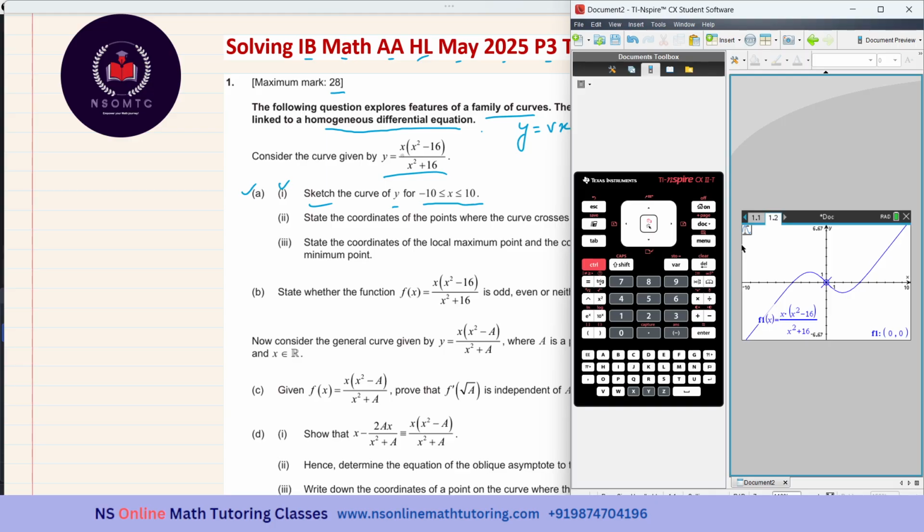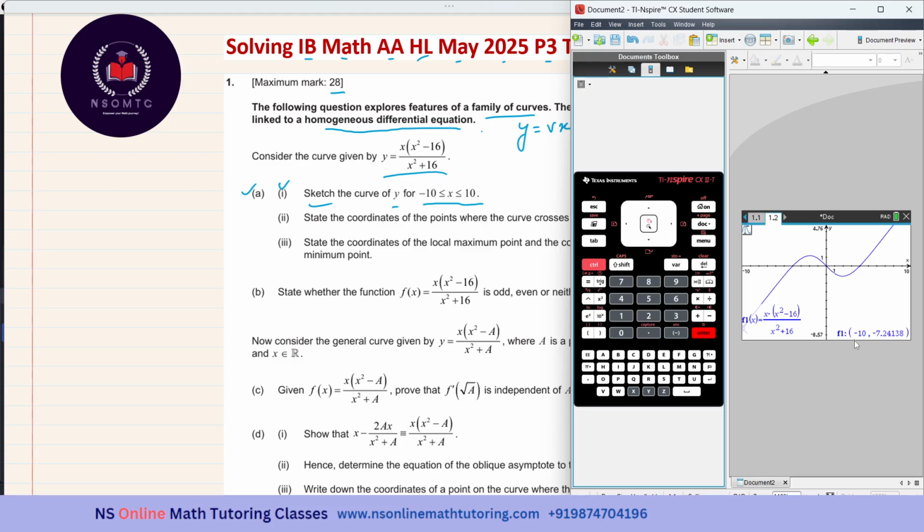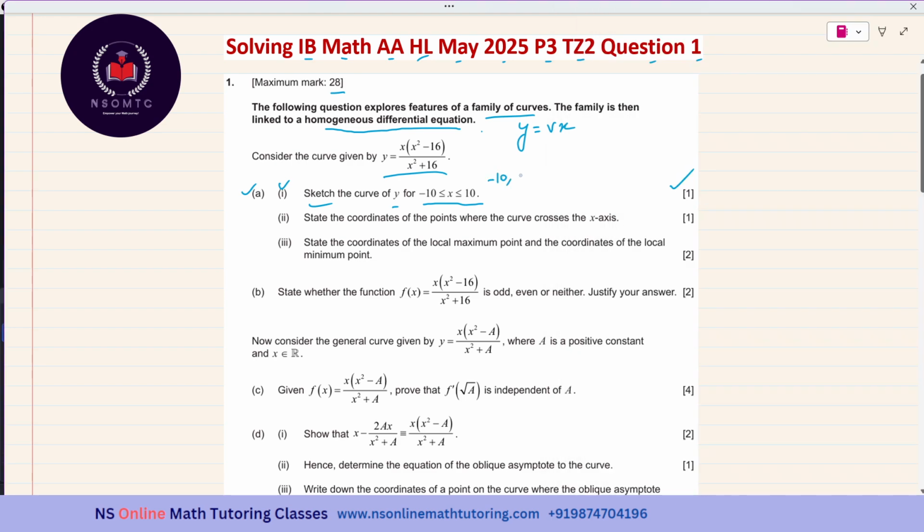Because you are having this x. And now when x equal to negative 10, so negative 10 enter, and it is negative 7.24138. So up to 3 significant figures, I can take negative 7.24. Okay, so negative 10 and negative 7.24.